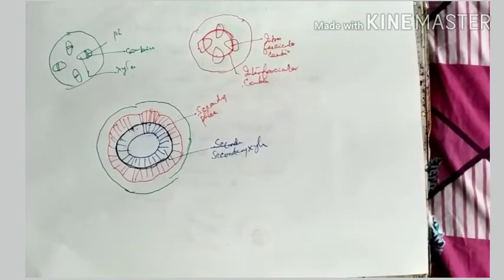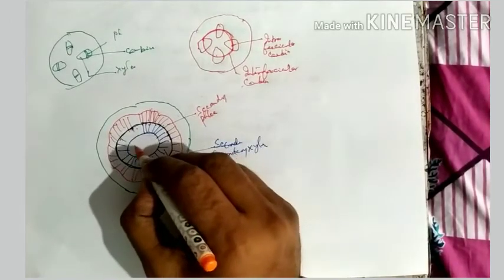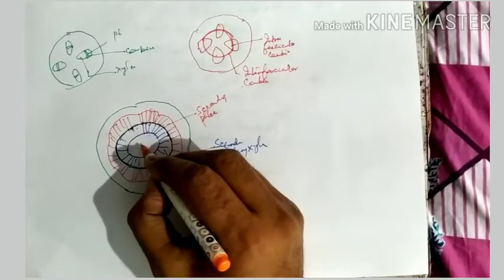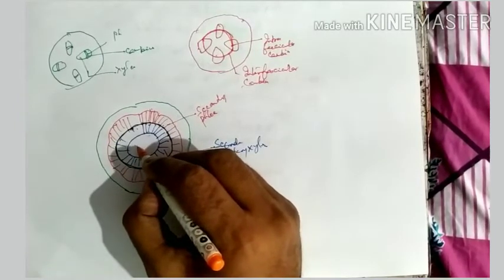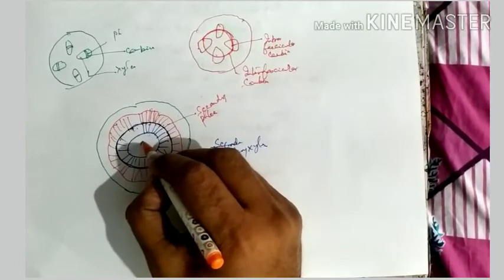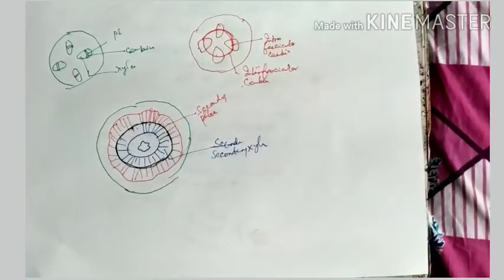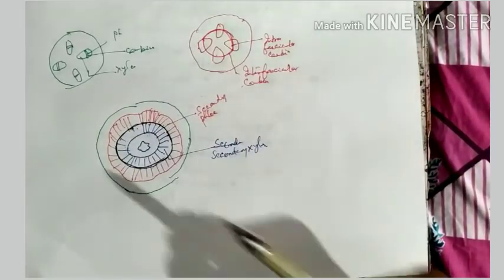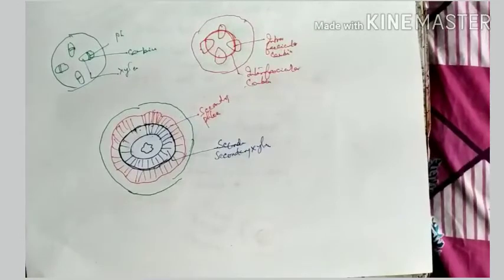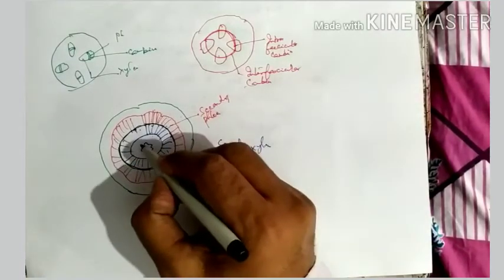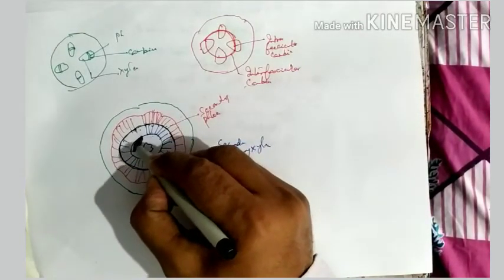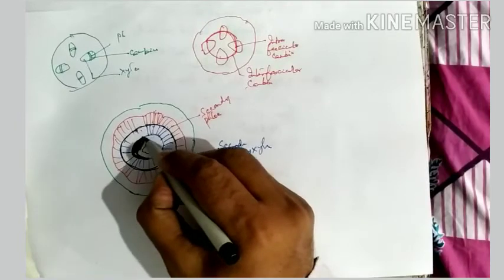And the result is that the primary tissues get crushed, and hence the region of pith is also shortened. This is due to the pressure.